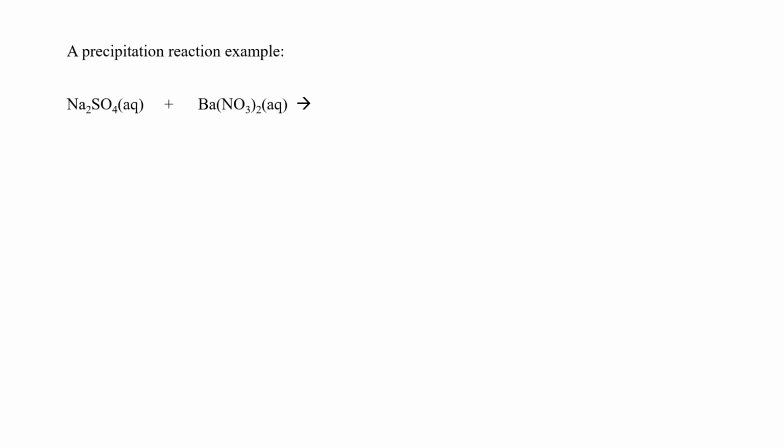We know all sodium salts are soluble, and we know all nitrates are soluble. So we recognize that these are actually dissolved in water, and the ions are separate in solution.